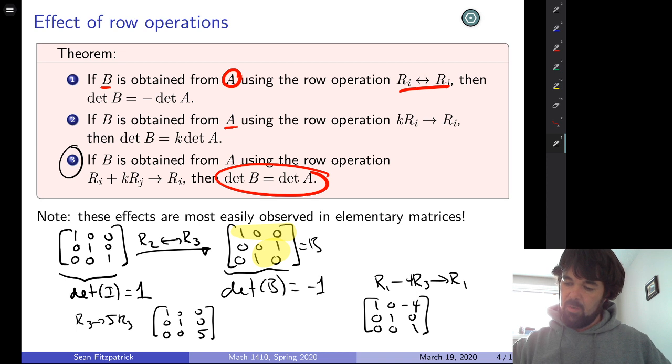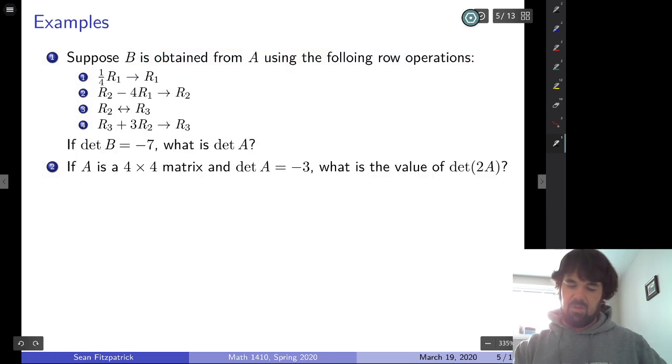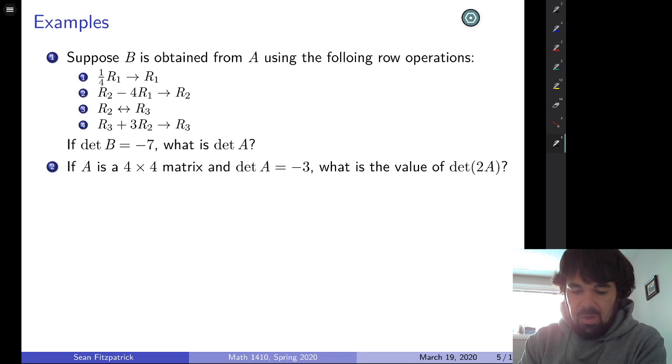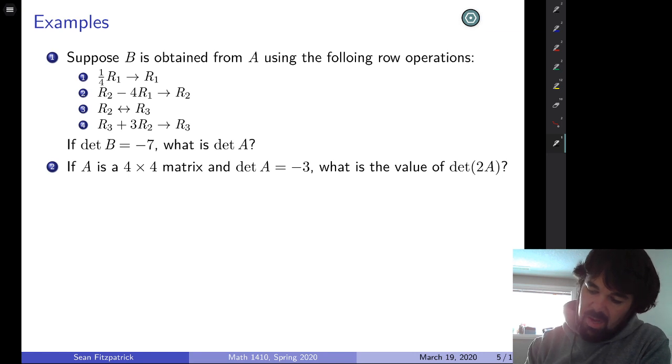On the other hand, we can always ask questions to see whether you understand all 3 row operations by doing things like this. Okay. So I'm going to tell you that I started with a matrix A, and B is obtained from A using some row operations. So I start with A, whatever A happened to be.